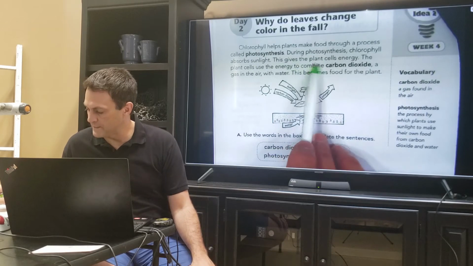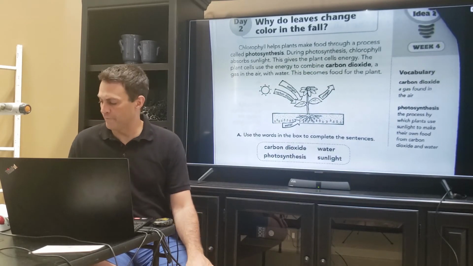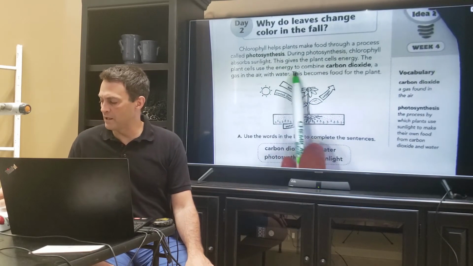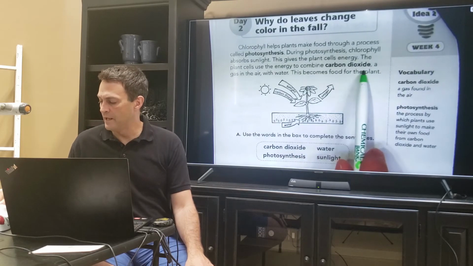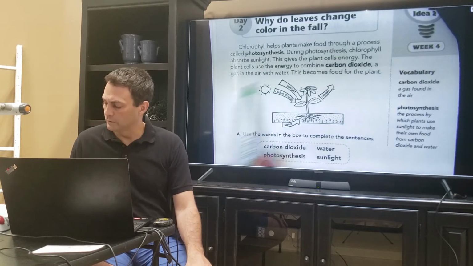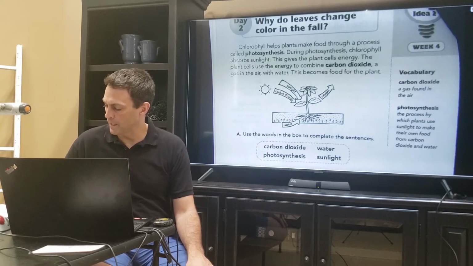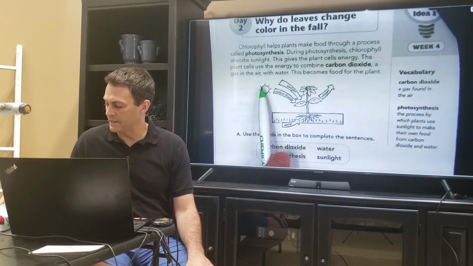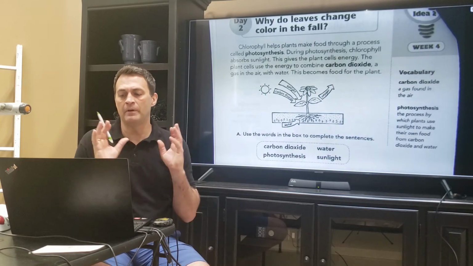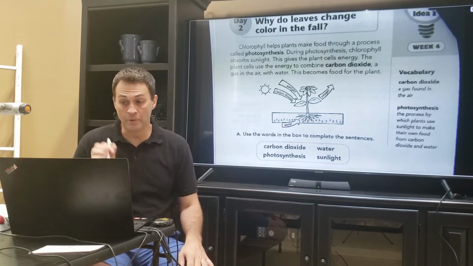This gives the plant cells the energy they need to make the food. The plants use energy to combine carbon dioxide, a gas in the air, with water. This becomes food for the plant. So they combine the carbon dioxide with water, and that combination becomes food for the plant.